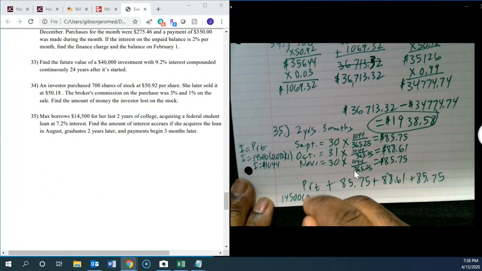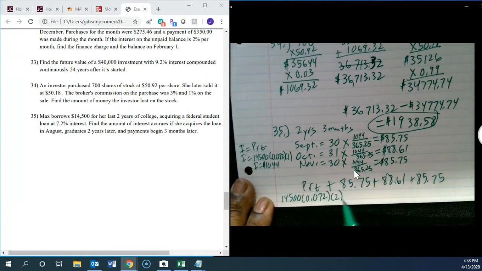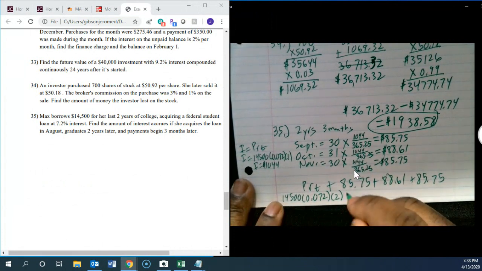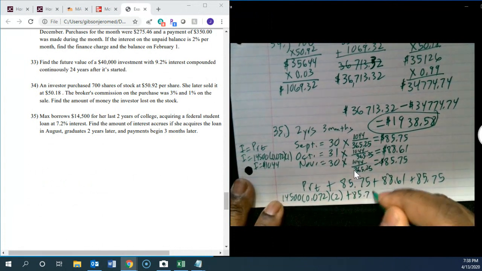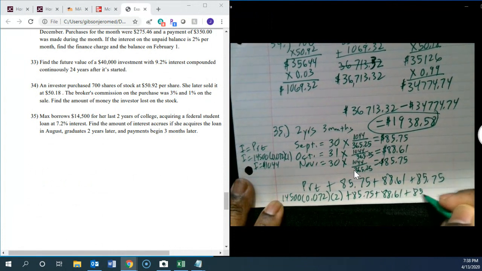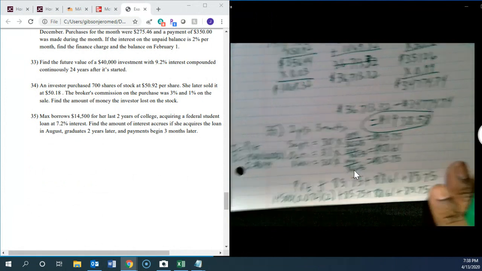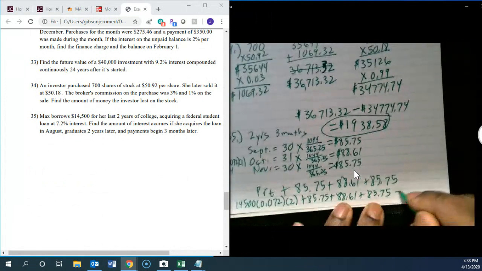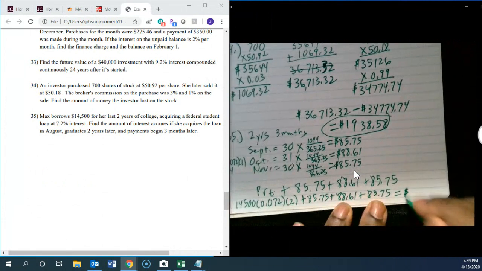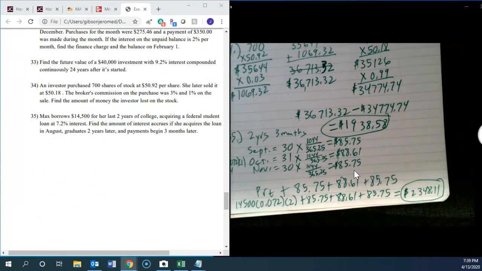The rate is 0.072, and the time we'll just do the 2 years because the 3 months we calculated here. So it'd be plus the 85.75, the 88.61, and the 85.75. Now, when we put this in our calculator and add everything up, the interest that will accrue is $2,348.11. And that is the final answer.